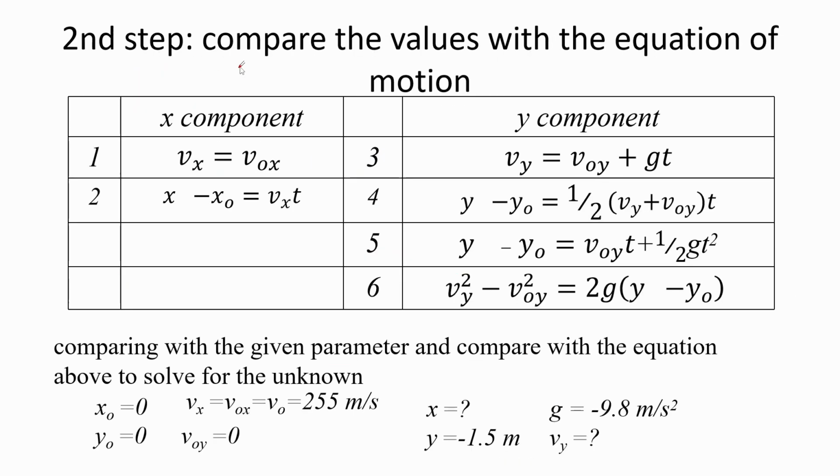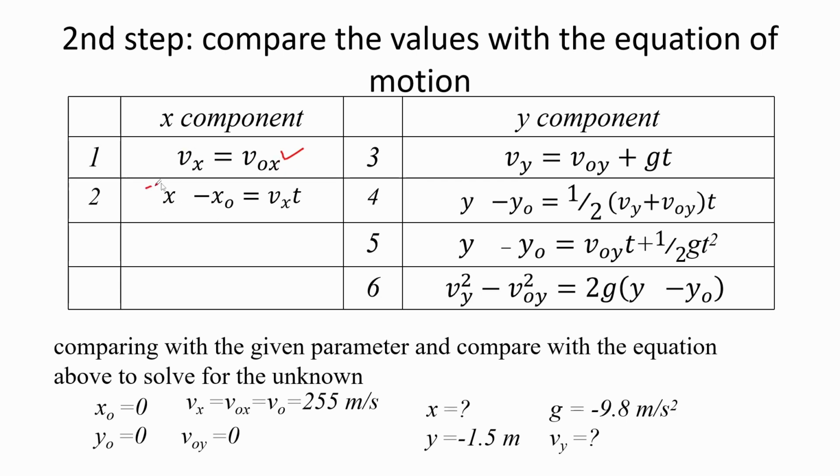Okay. So, let's look at the equations available, at the x component, at the y component. Comparing the given parameters with the equations above to solve for the equation number. You can see here, we have this equation, Vx or V naught x is the same.